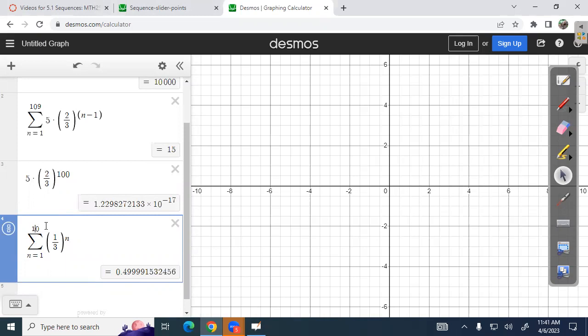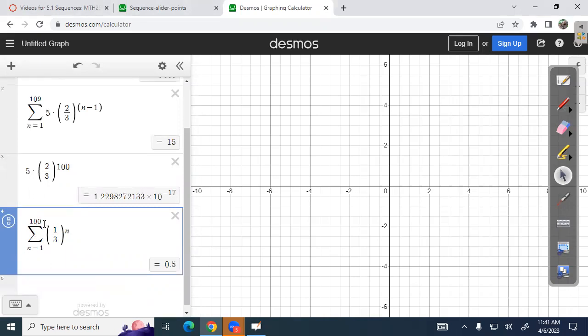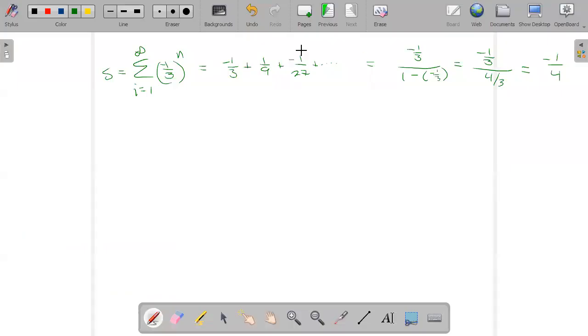About 100 terms, 0.5. Oh, do I have a mistake in my calculation? You want a third negative? Let's see, 1 minus -1/3, so that should be plus 1/3. 3/3 plus 1/3 should be 4/3. Divide the thirds out should be -1/4.